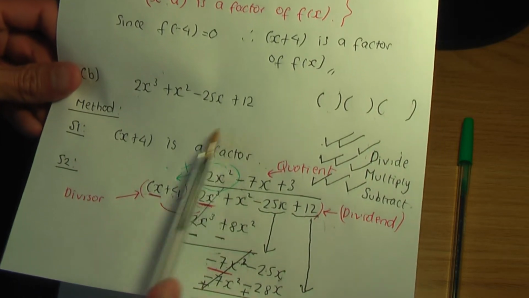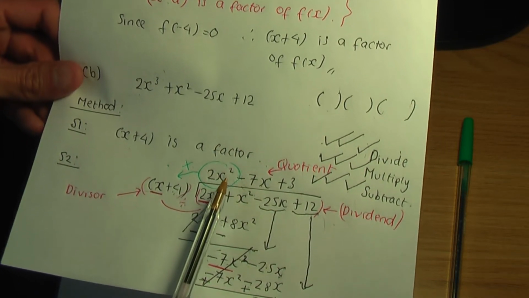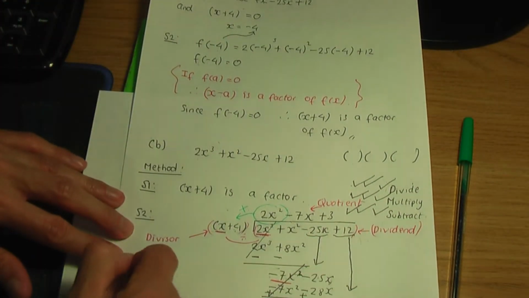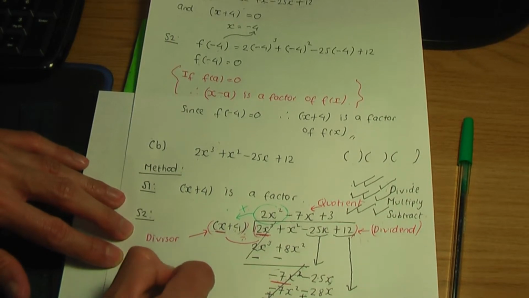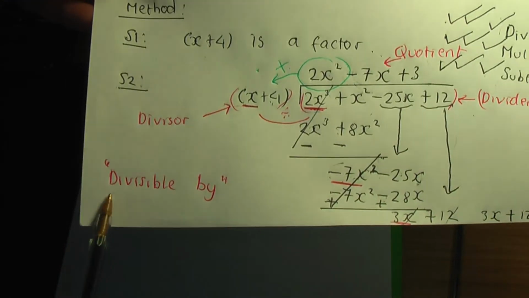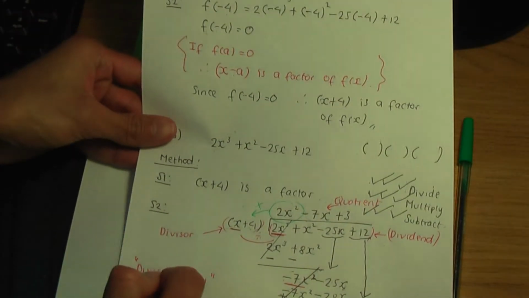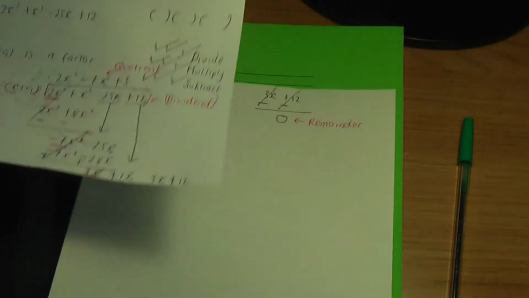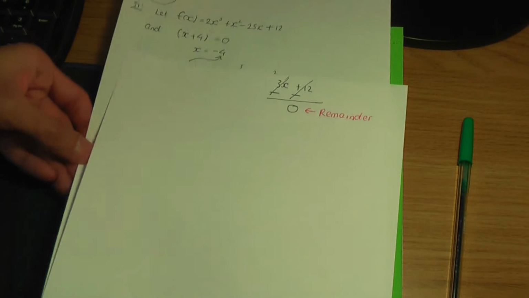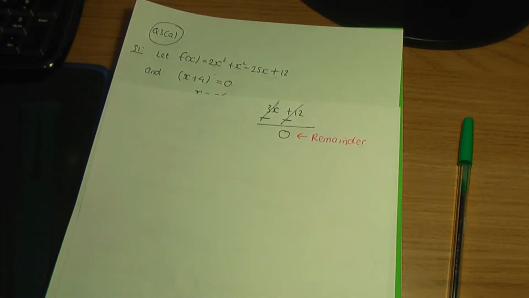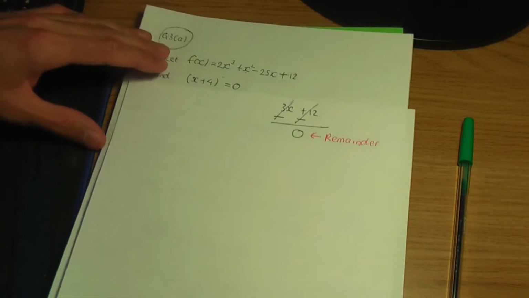So whenever you see the words factor of or divisible by, these two phrases mean that the remainder r is 0 upon division. So the remainder is 0, and it should always be the case when we apply this method to factorise completely, so we can be reassured that the calculation is correct.